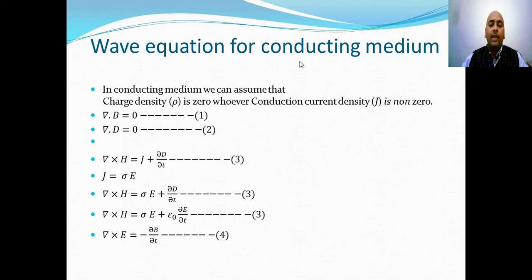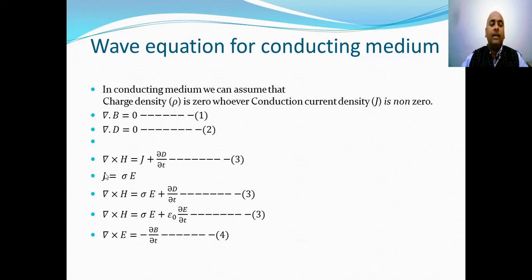So for conducting medium, we can write Maxwell's equations as del dot B is equal to 0, divergence of D is equal to 0, curl of H is equal to J plus ∂D/∂t. Here J is called conduction current density and ∂D/∂t is called displacement current density.